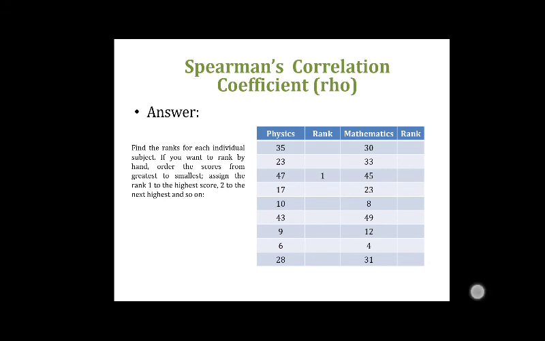That is 43, so rank 2 for 43. The next highest score 35, rank 3. Then the next number is 28, that is 4. 23, rank 5. 17, rank 6. 10, rank 7. 9, rank 8. 6, rank 9. Same way you have to give the ranks for mathematics also. So in this way I have given the ranks.